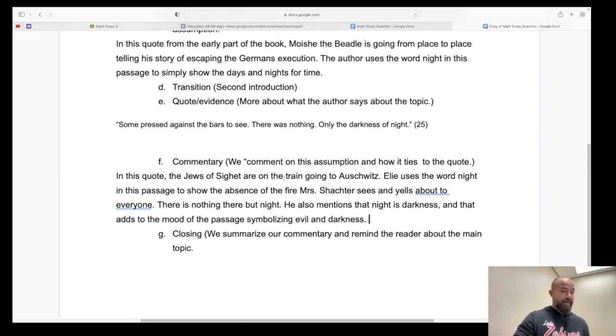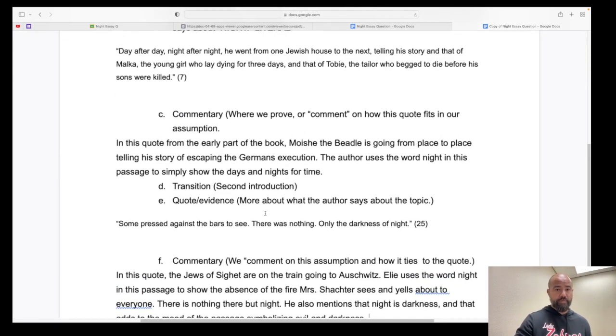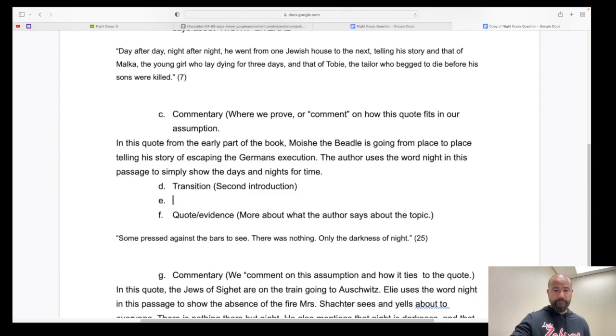So remember, I'm trying to show how it's being used symbolically. I did that. Right here, I'm trying to show how it's being used literally. I did that. Okay. Now I know I'm kind of skipping around here. Hopefully this makes sense when we're done. Now I've got to work with my transition.